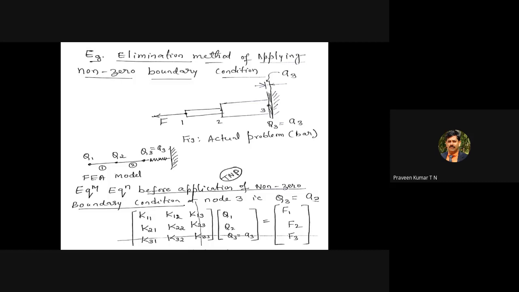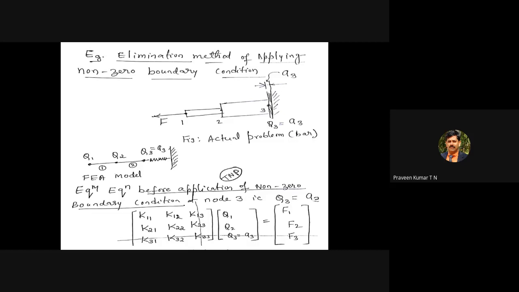In some cases, when it comes to heat transfer, the temperature may be given on the right side wall. Imagine we have a finite element method for a finite element with nodes 1, 2, 3. The boundary condition is given at node 3. Let T3 be 20 degrees. That is the boundary condition. In such cases, you have to remember here. Now we have the original stiffness matrix, or let it be your thermal conductivity matrix, into your displacement vector.